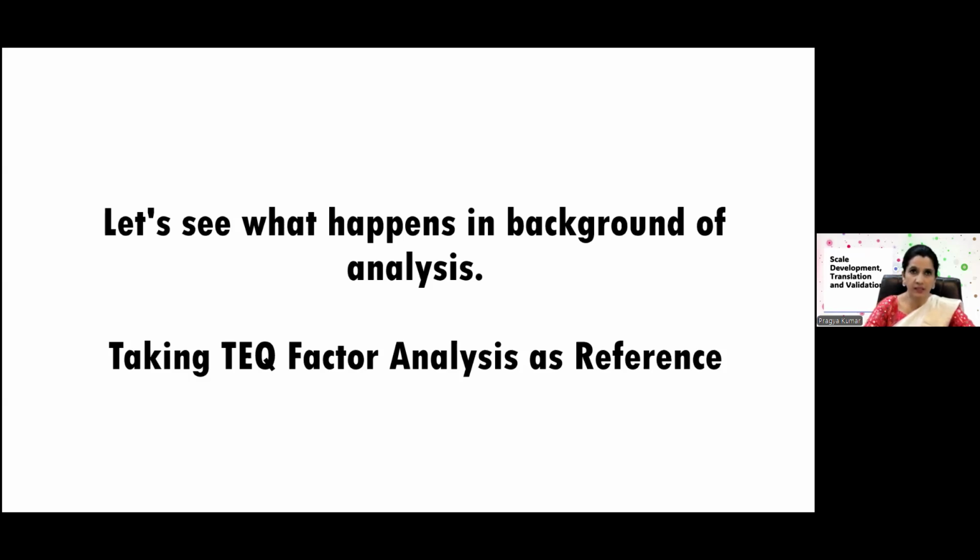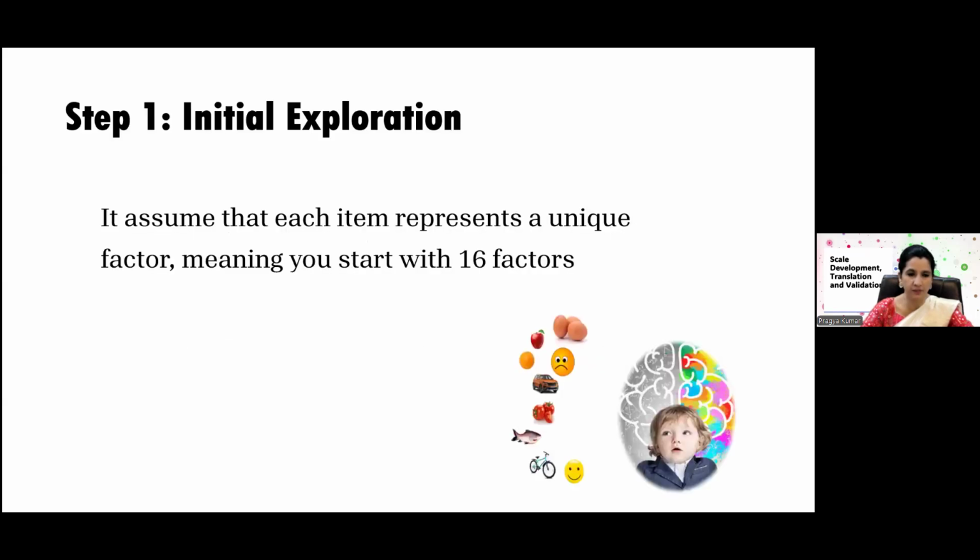Taking this Toronto Empathy Questionnaire as a reference, suppose first is your initial exploration. It assumes that each item represents a unique factor. That means we start with 16 factors. That's what classical measurement theory says.